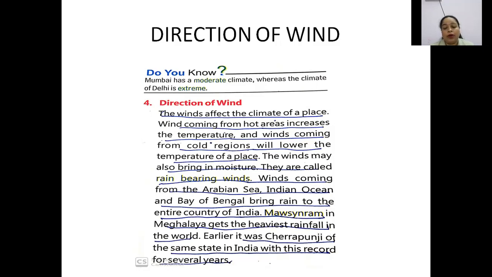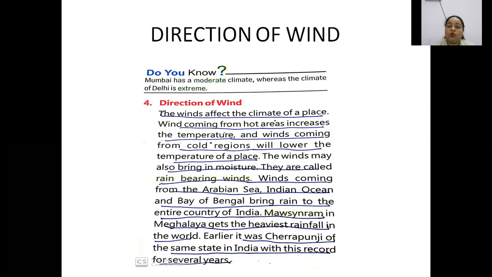Wind coming from the hot areas increases the temperature, and the winds coming from the colder regions lower the temperature of a place. Suppose the winds are blowing from the desert. Obviously those winds are hot winds, and when they reach the colder areas, they increase the temperature of that place because they are coming from the hot regions.